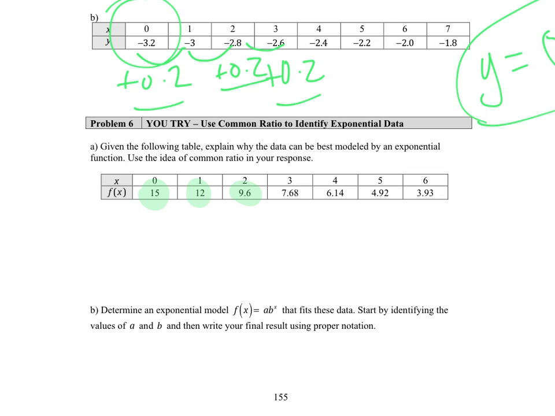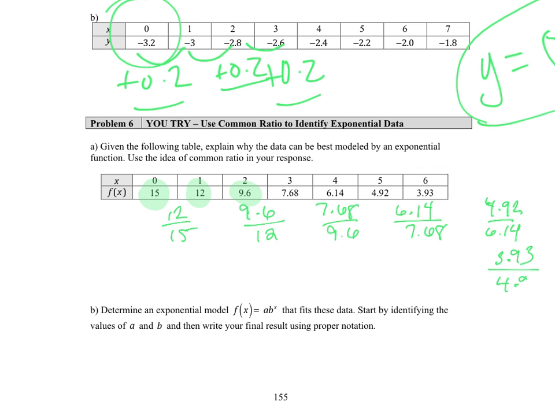Like for the first 2 points here, 0, 15, and 1, 12, I'm going to do 12 divided by 15. Then I do the next points, 9.6 divided by 12. Then I do 7.68 divided by 9.6. So it's always the second one divided by the first one in the pair. 6.14 divided by 7.68. 4.92 divided by 6.14. And then, I ran out of space. 3.93 divided by 4.92.